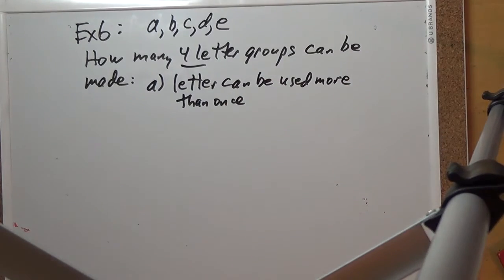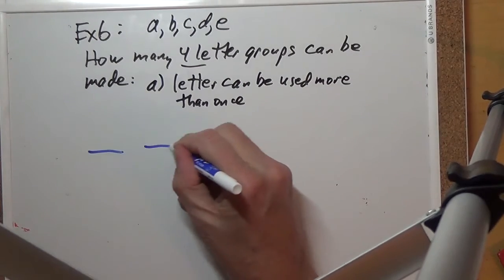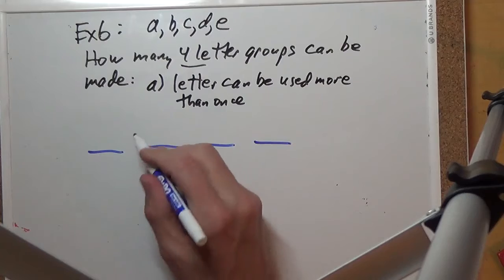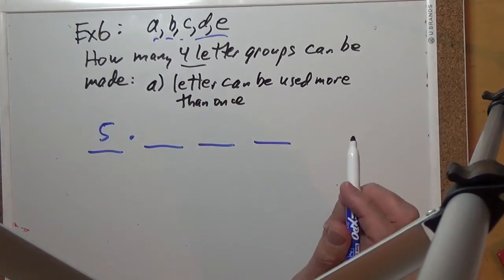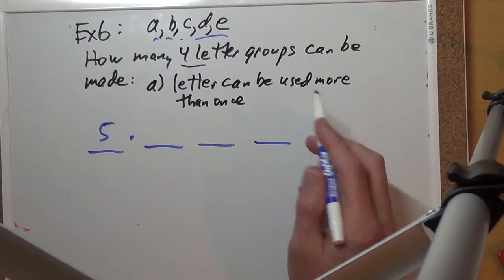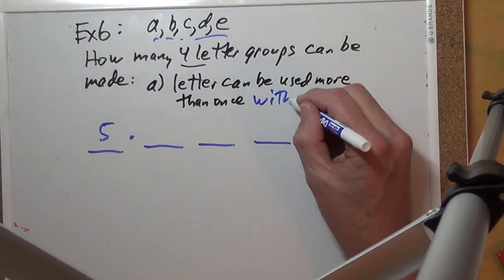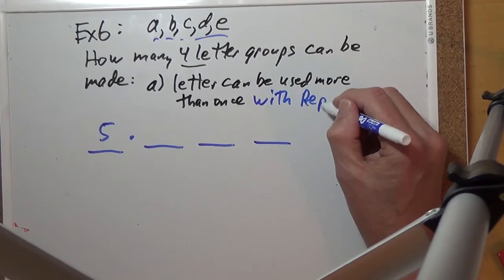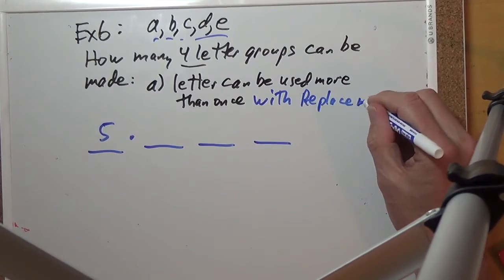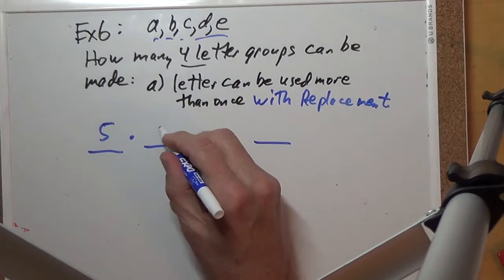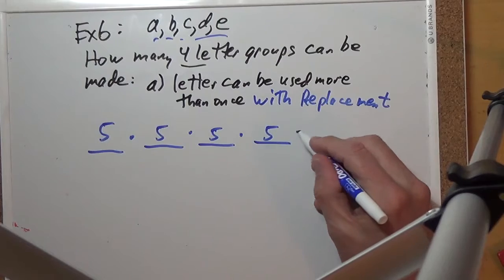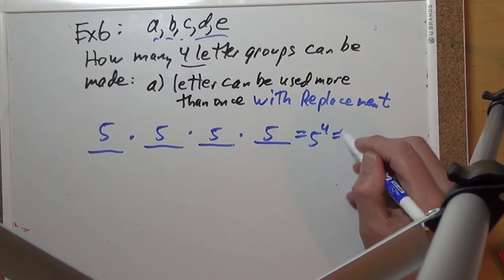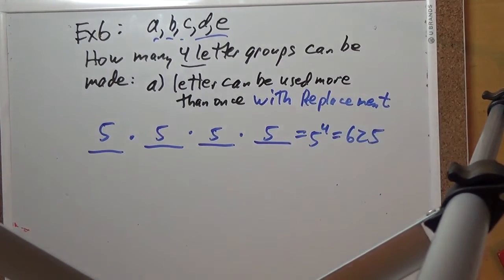Okay, I'm doing 4 things here. So I'm just going to put my 4 slots out here. How many choices for the first? Well, I can choose any of the 5, so there's 5. Okay, I can use them more than once, so this is with replacement. I'm putting them back in. So there's 5 choices for each of these as well. That's 5 to the 4th. That's 625.